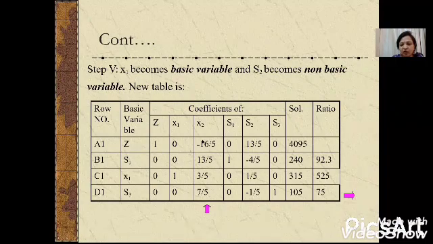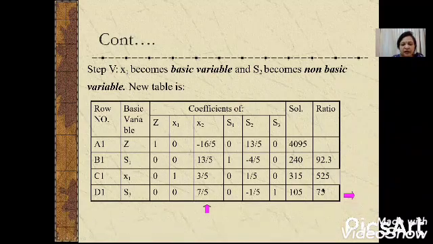Now again we obtain the ratio of the solution column to this x2 column: 240 divided by 13/5, 315 divided by 3/5, 105 divided by 7/5. So we get these ratios. Now from this we can see that the minimum ratio is this one.